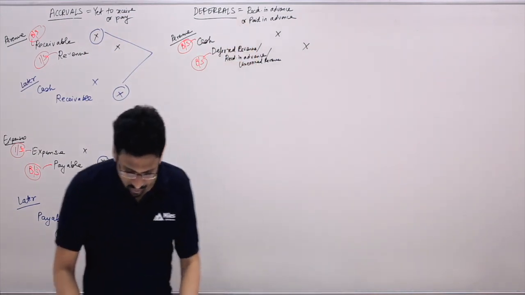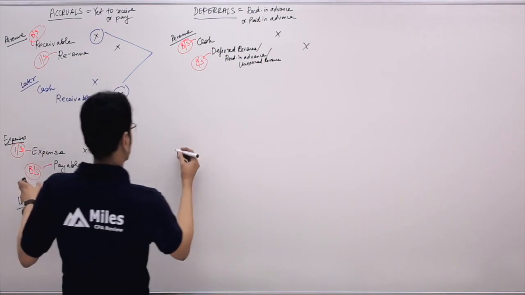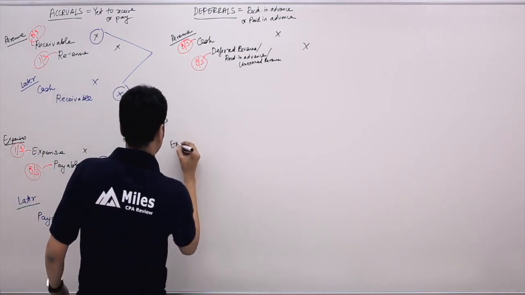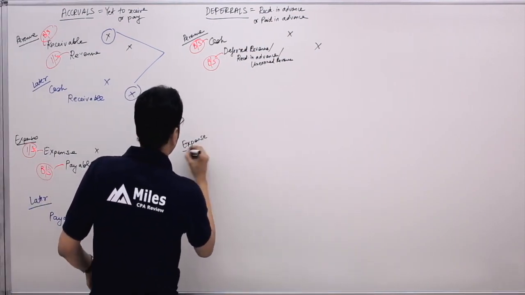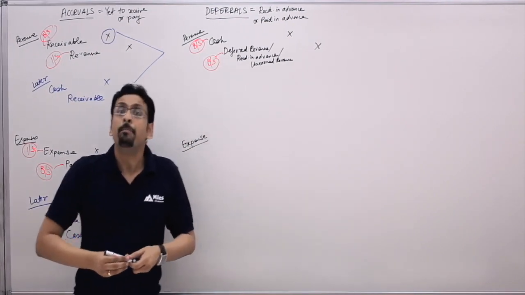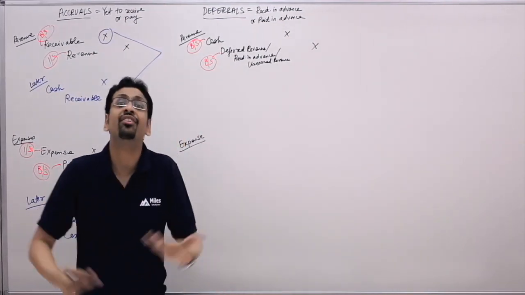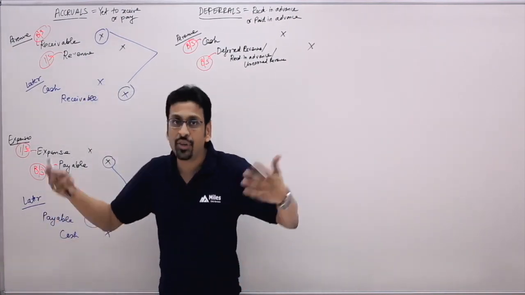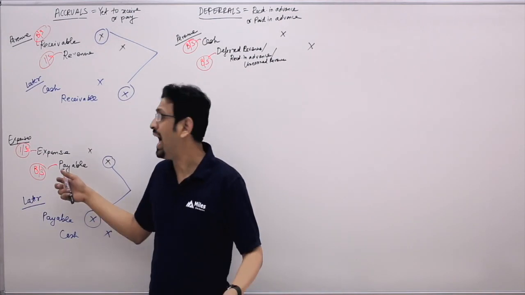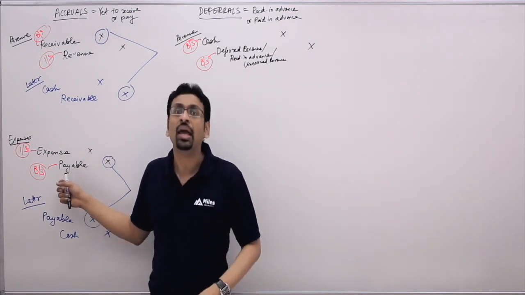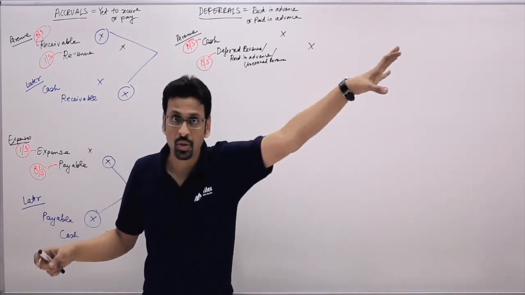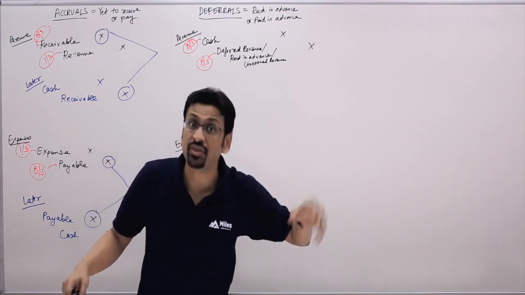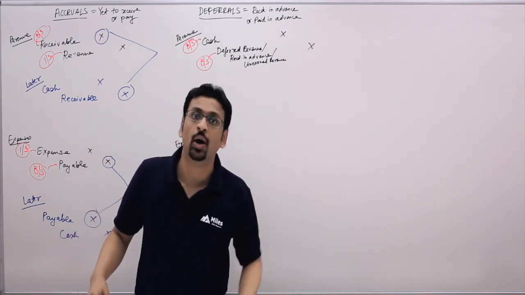Let's look at deferred expense. Now, in this case, we've paid out the cash, but we haven't yet incurred the expense. Let's say here I said, I've used this building for this year, but I haven't yet paid out the rent. Let's say I got another office where I have paid the rent for the next year right now.